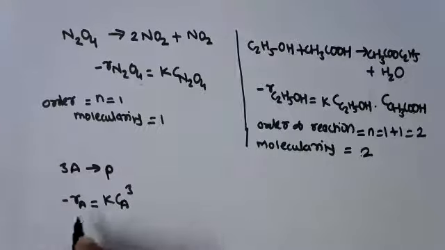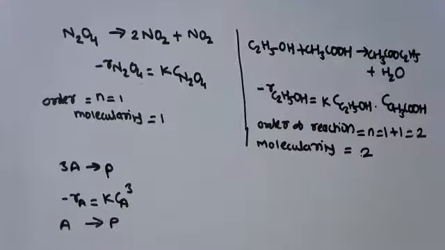Or say the reaction is elementary and the reaction given is A gives P, and if I ask you to write down the rate expression, your first question is whether the reaction is elementary or non-elementary.